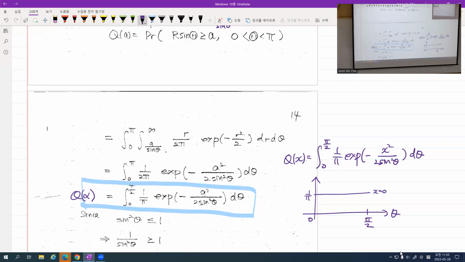Now, let's increase x to, for example, 1. What happens? Theta is a variable, and we know sine squared theta from 0 to pi over 2. What is it? It looks like something like this, right? Actually, I have to say that because it's squared, right?